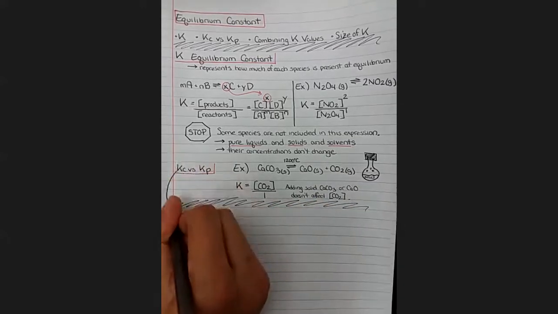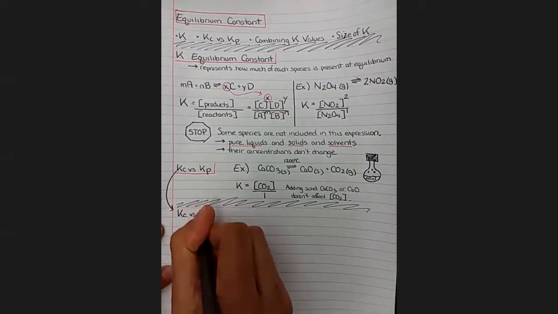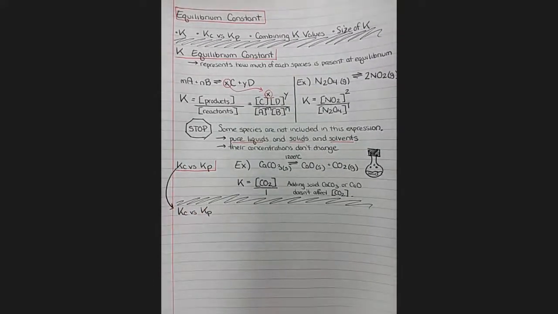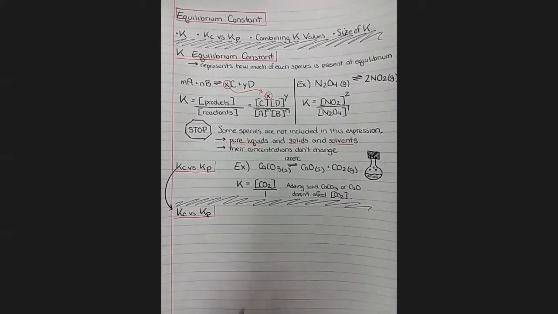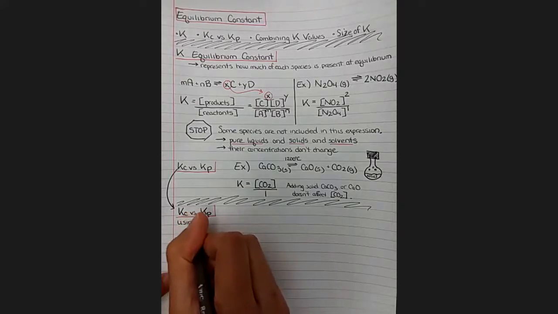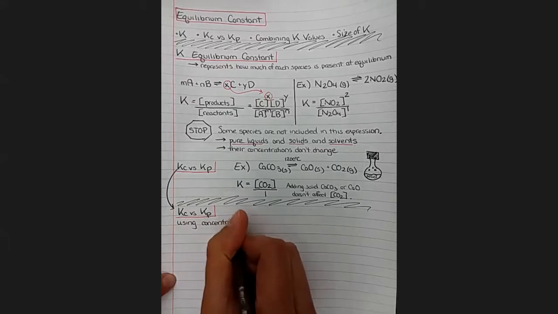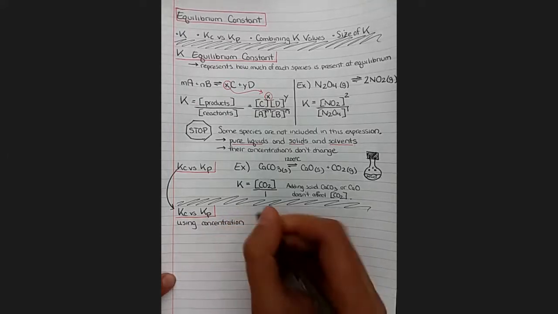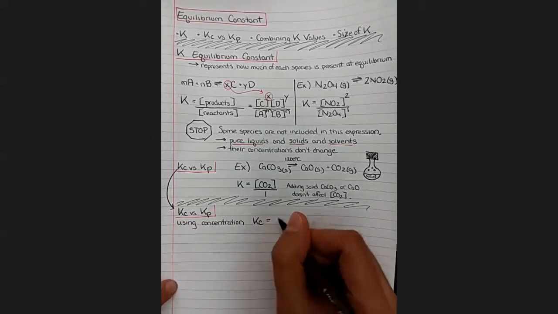Okay, now we can talk about Kc. So what we have shown so far has been Kc because we've used concentrations. So if you use concentrations to make your relationship for the equilibrium constant, you get Kc, K of concentrations.